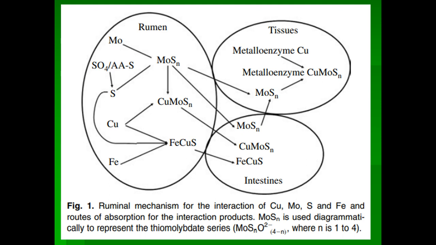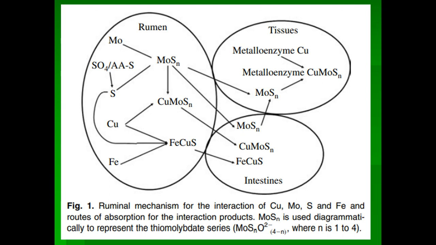So the take-home message is that clinical copper deficiency can be either a primary deficiency due to lack of copper in the diet, or a secondary deficiency due to the inhibition of normal copper homeostasis by the antagonistic minerals that, as I just said, are molybdenum, sulfur, and iron.